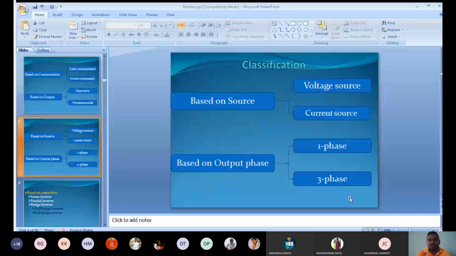Next classification is based on output phase. It is single phase inverter and three phase inverter.